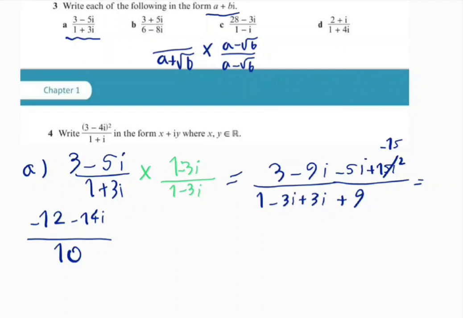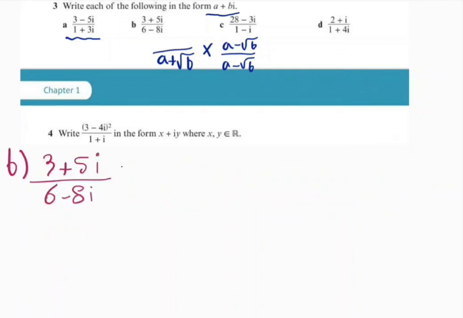Of course, you can simplify this and divide each of these numbers by 2, but it's not necessary here. This is the method that we should learn in order to get rid of the imaginary part of a denominator, and we are just going to do this for the rest of the video.